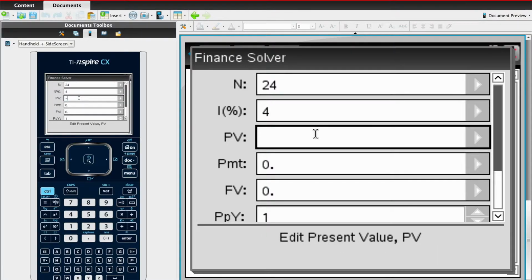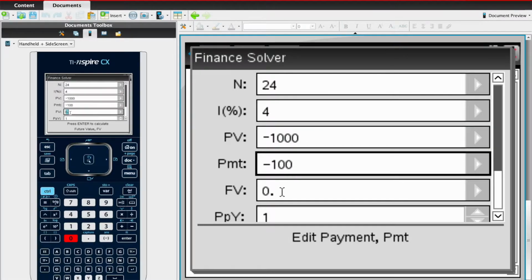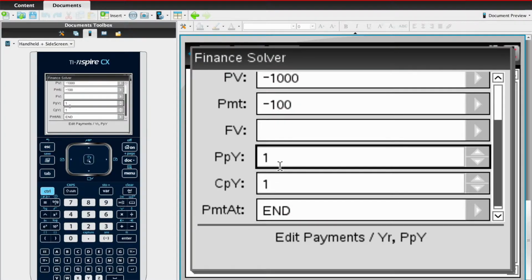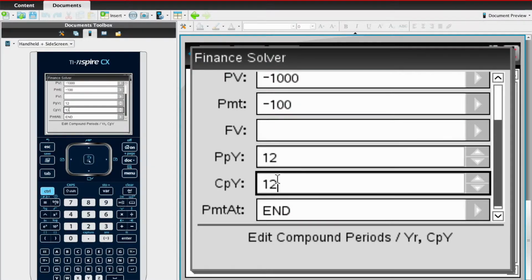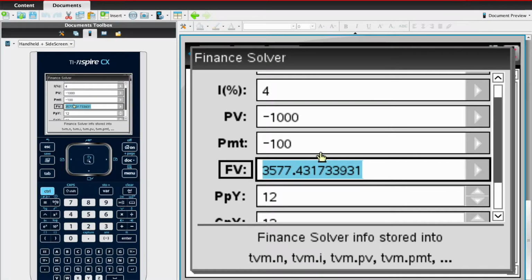Present value, $1,000 flowing out. Payment, again, $100 flowing out. Final value is what we want to know, so we'll leave it blank. Payments per year, 12 payments per year, 12 compounding periods per year. Bank pays us 12 times a year, I suppose. And payment is at the end. Let's go ahead, highlight this value, press enter, and there it is.